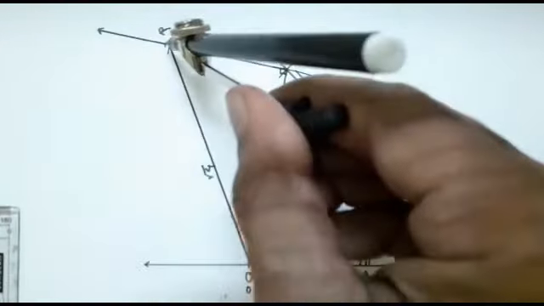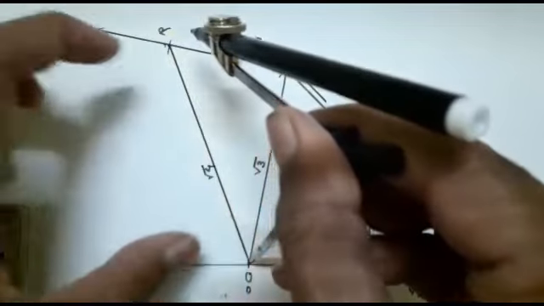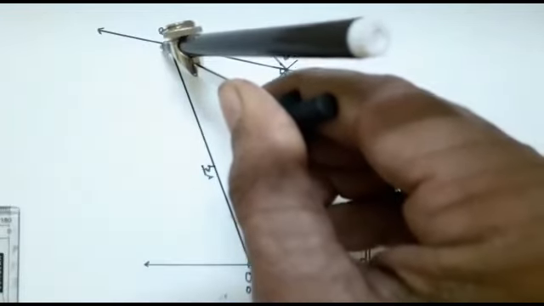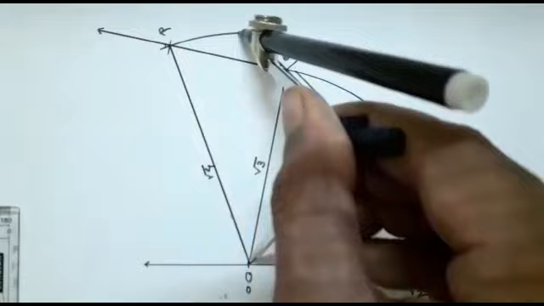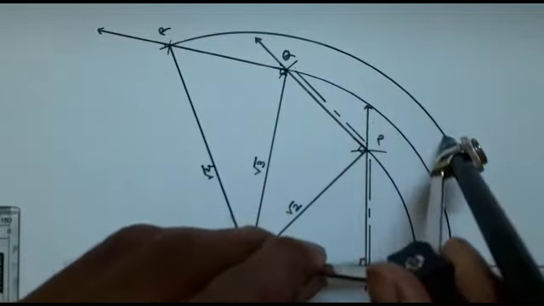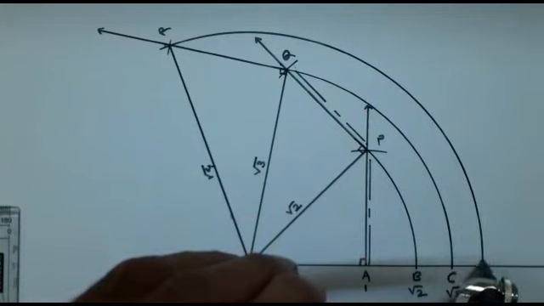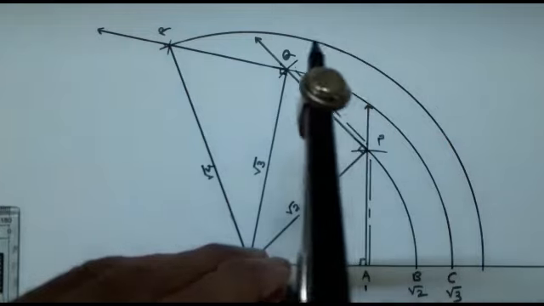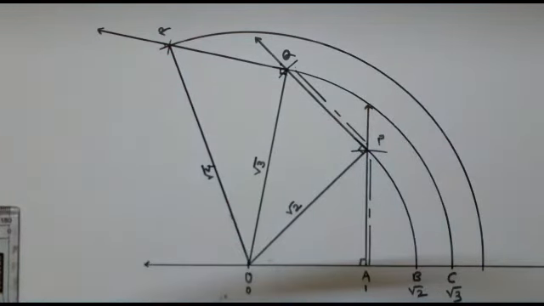Now measure the distance of OR between the two terminals of the compass and draw an arc and bring down this square root of 4. Square root of 4 means 2 on the number line, where it intersects.